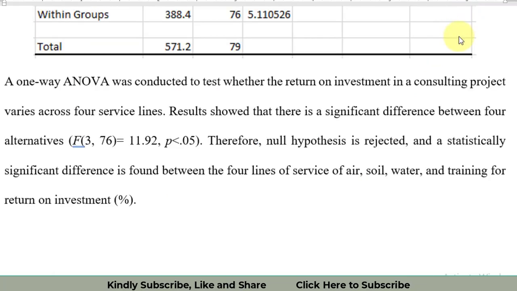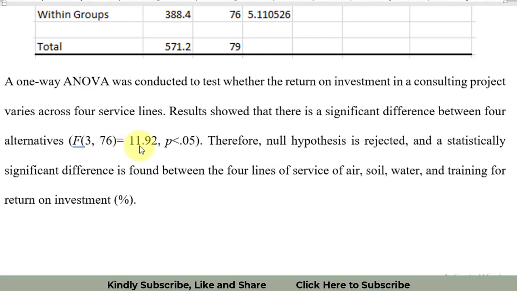Now we will report in the APA style. A one-way ANOVA was conducted to test whether the return on investment in a consulting project varies across 4 lines. Results showed that there is a significant difference between 4 alternatives, and this is the notation for the ANOVA. F test with 3 degrees of freedom for the numerator or the levels and 70 degrees of freedom for the error.